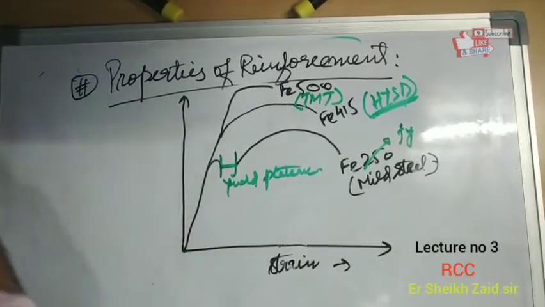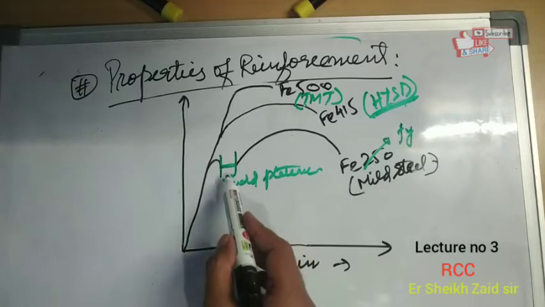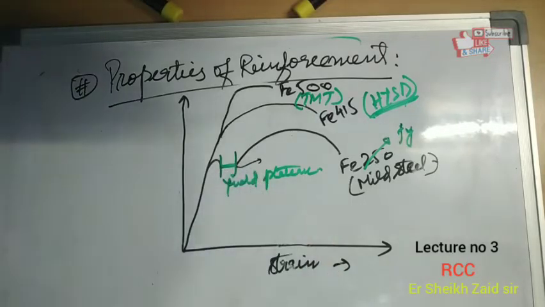So what happens in case of cold working? Steel reinforcement is stressed beyond the yield plateau. This can be done either by stretching or by twisting, and then it is unloaded.